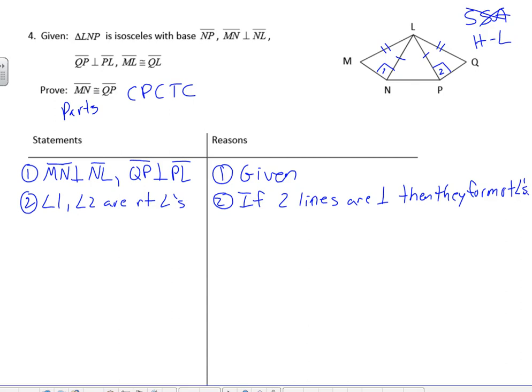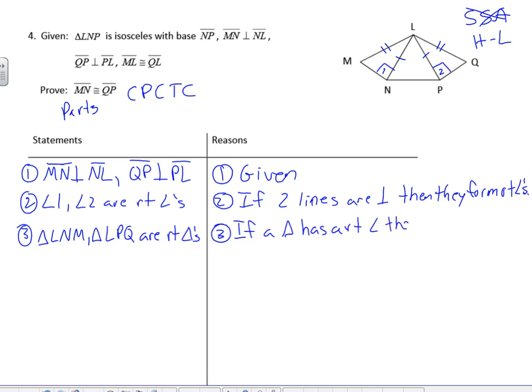Okay, so now what do we know about those two triangles? We could say triangle LNM and triangle LPQ are right triangles. Triangles, not angles, triangles. So if a triangle has a right angle, then it is a right triangle.